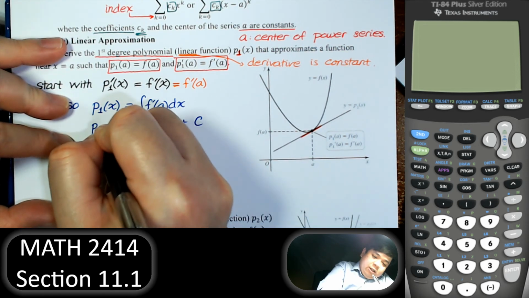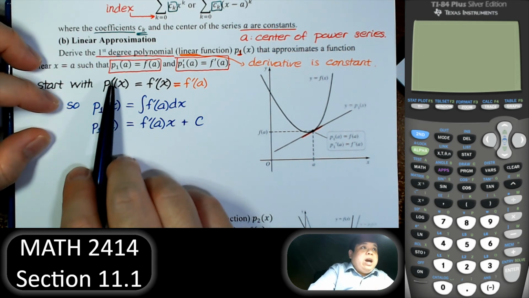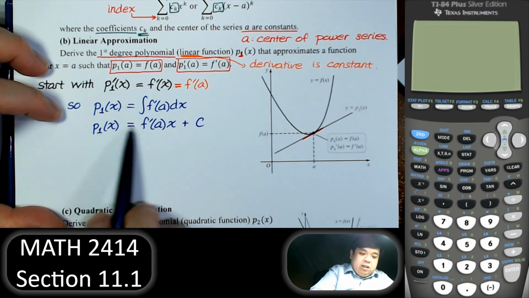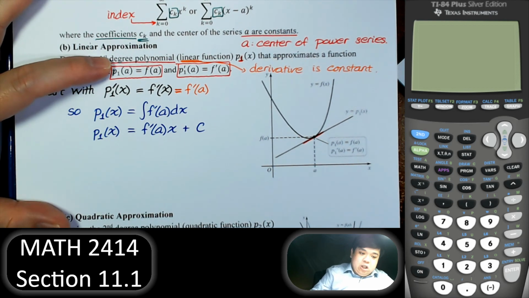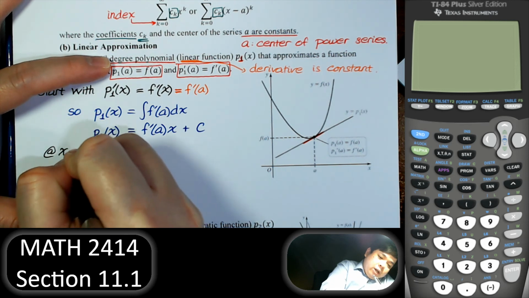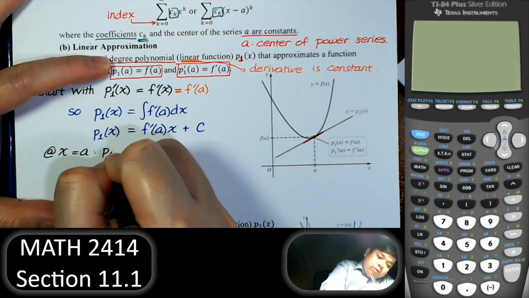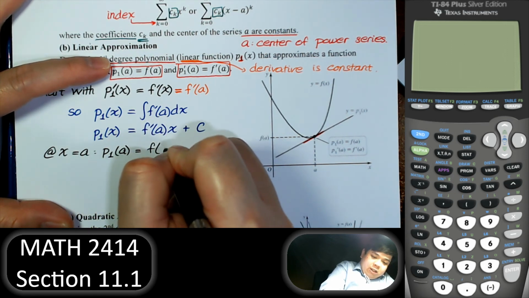So originally we have the derivative equal to a constant, we integrate, and we have this. Now we have the initial condition: at x equal to a, the value of the function is equal to f of a.